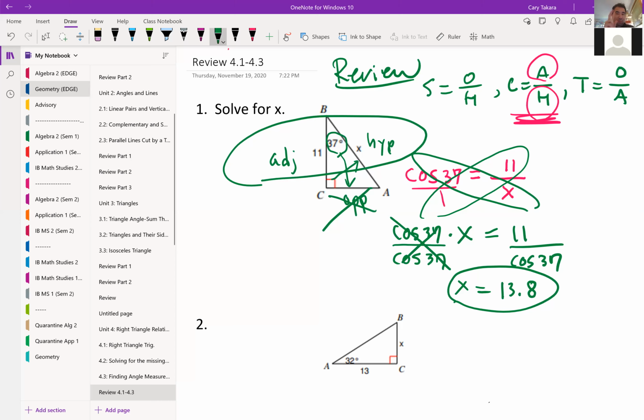So 2 minutes, okay? Now, which function are we going to use for number 2?